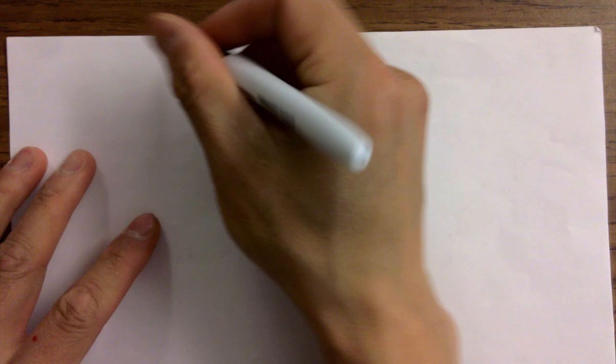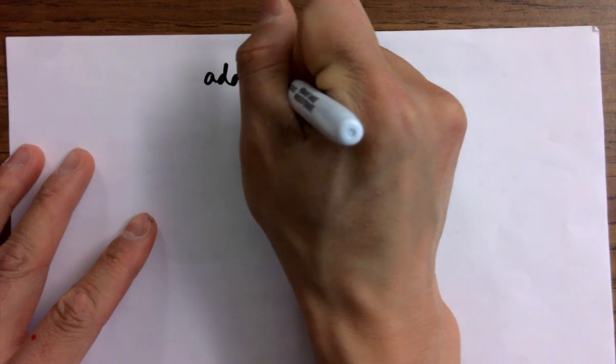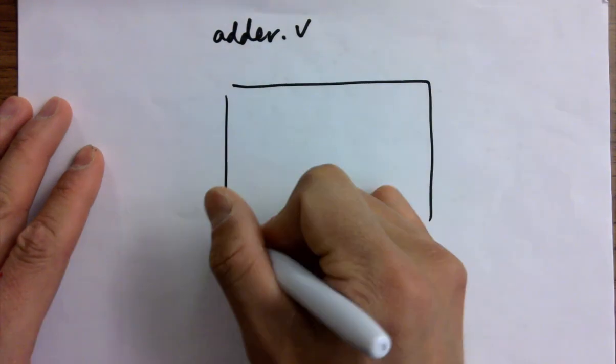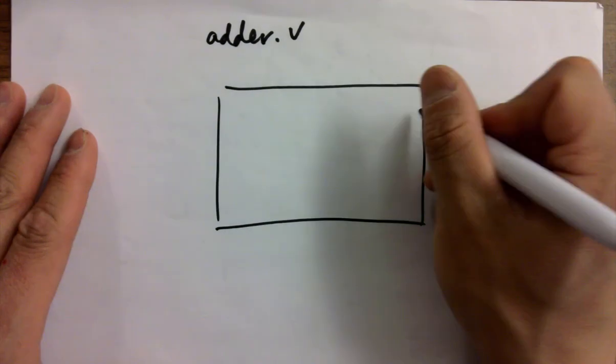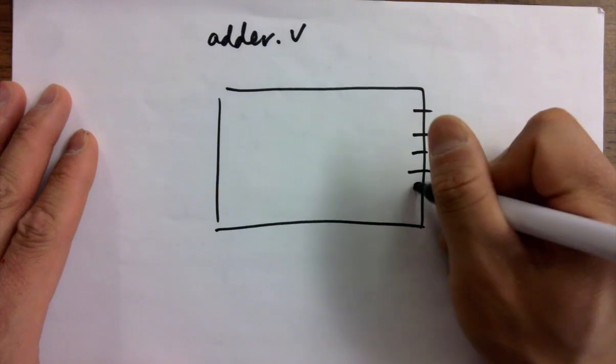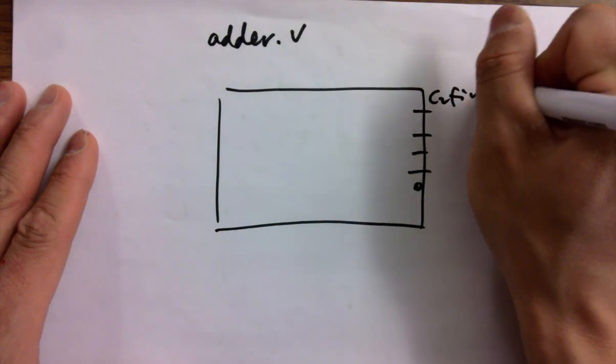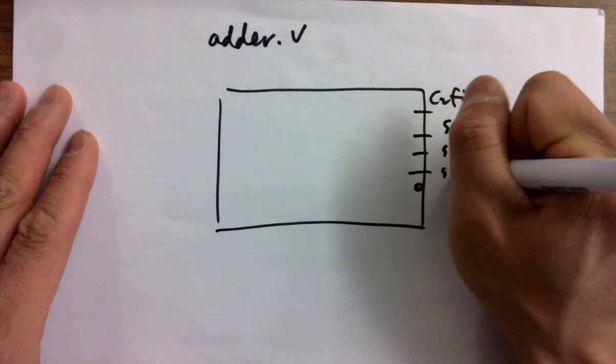And now let's have a plan for the Verilog. Let's call it adder.v. And you'll need a sum module here and output all these bits. Sorry, C2 final, S2, S1, S0. That's the final result.